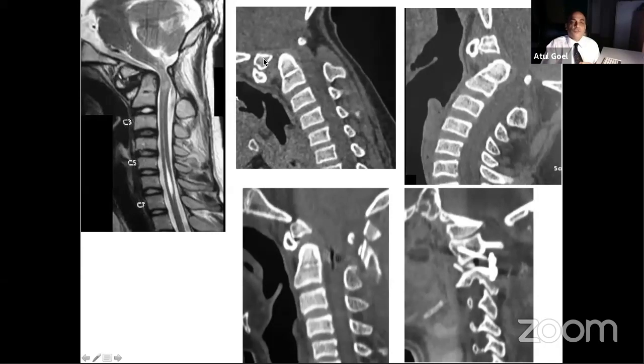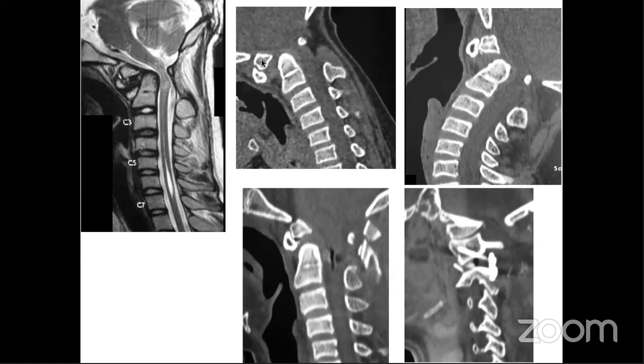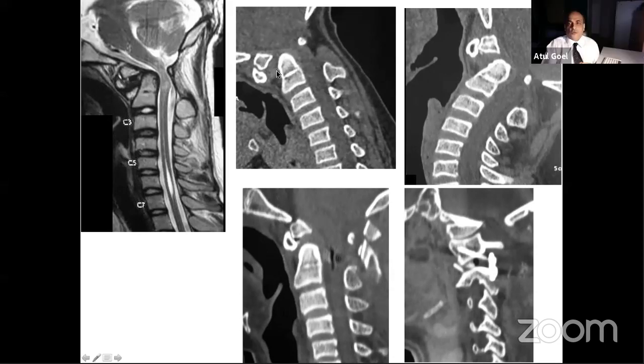I would like to show you some more cases. So when you see this os odontoideum, you immediately think that this is a pathological problem, an embryological disturbance, and this gives rise to atlantoaxial instability. So this is primary, and instability is secondary, and atlantoaxial stabilization is the treatment. Of course, the literature still says occipitocervical stabilization and transoral decompression.